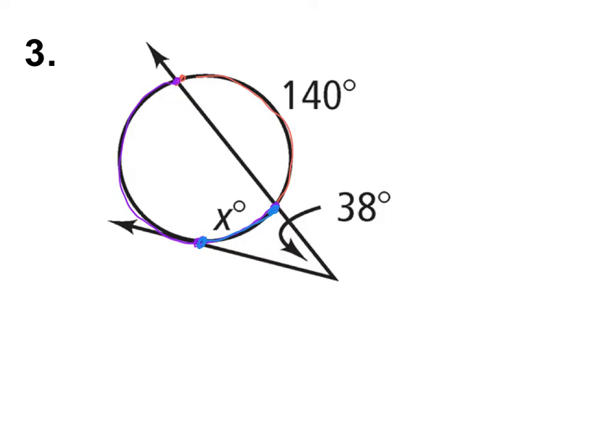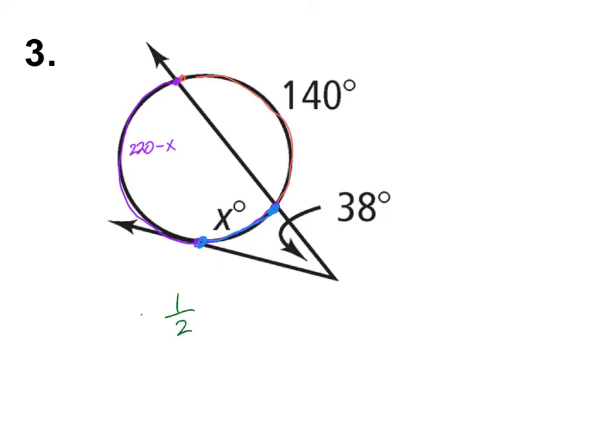So that means that this side over here is going to be 220 minus x, right? Again, this whole arc right here is 220, because I already have 140 over here. So that means that from this point to this one is 220 minus x, right?